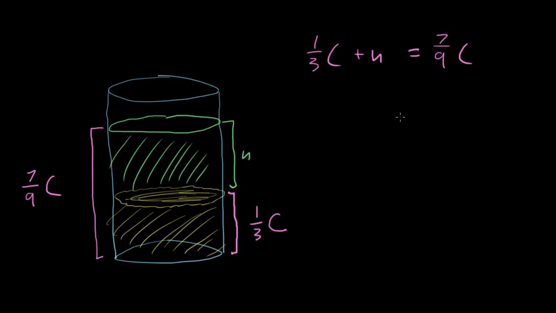So the first thing I'm going to do is, I guess I'll bring this guy over to this side. And that means, all right, subtracting a third C from this side leaves me with an n. Subtracting a third C from this side, I have 7/9 C, and now minus a third C. All right, so what next? Well, I've got two terms with C involved.